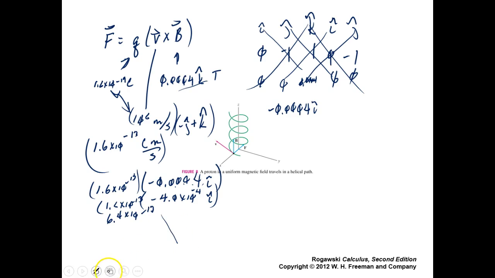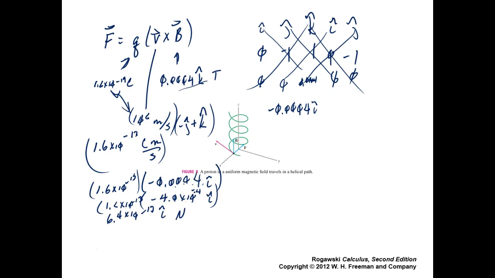Oops, my pen drug. Goodness gracious, I had it. I'm just feeling dizzy. I don't know why. So 6.4 times 10 to the minus 7 I, and that should wind up in newtons.